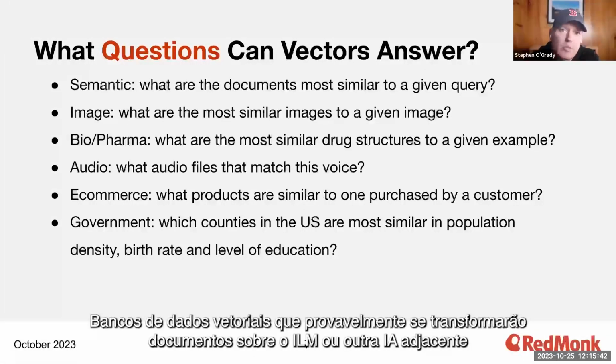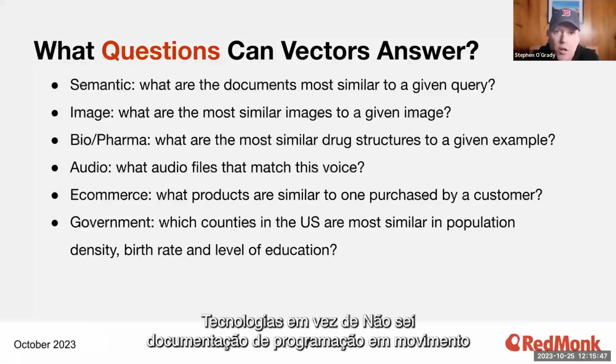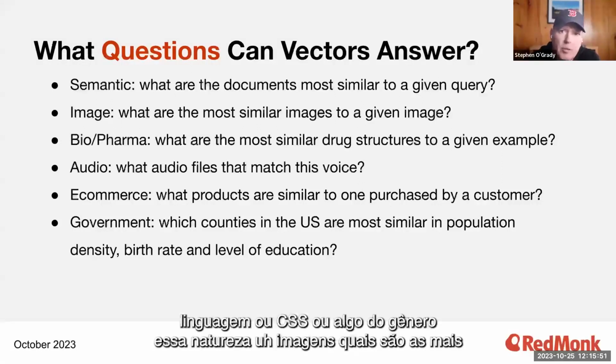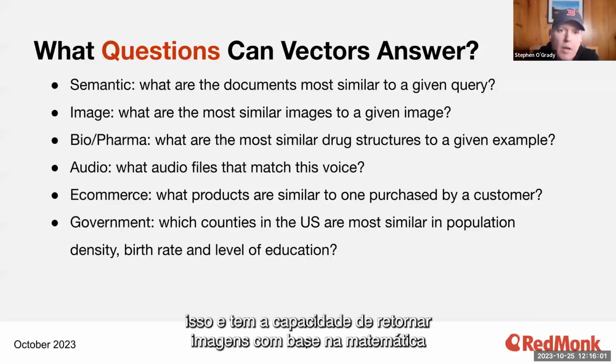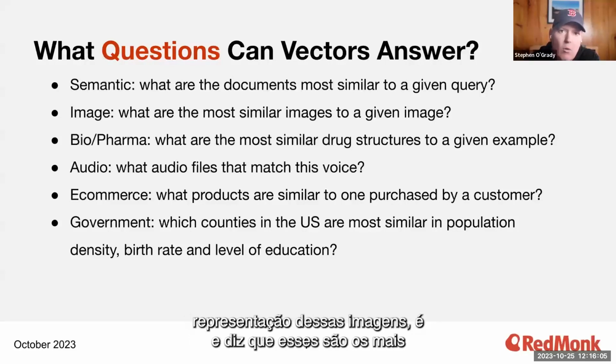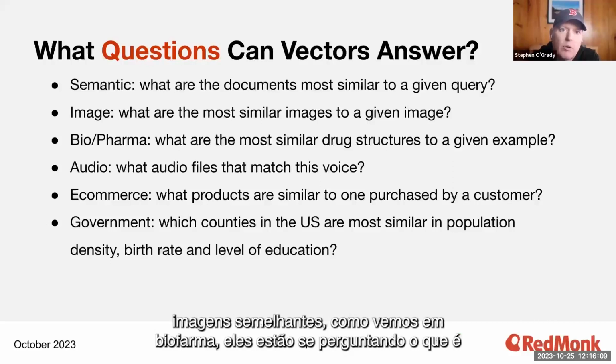That's likely going to turn up documents on LLMs or other AI adjacent technologies, as opposed to, I don't know, documentation on the Go programming language or CSS or something of that nature. Images: what are the most similar images to a given image? So you supply an image, it will go out and query that, and it has the ability to return images based on the mathematical representation of these images. It's broken down and says, these are the most similar images.